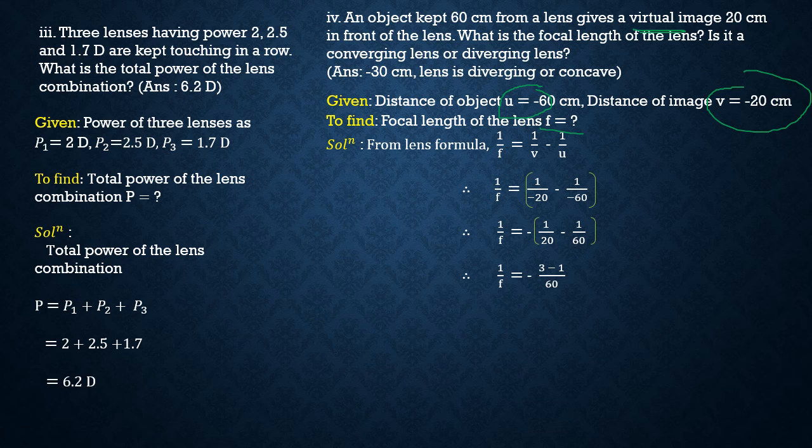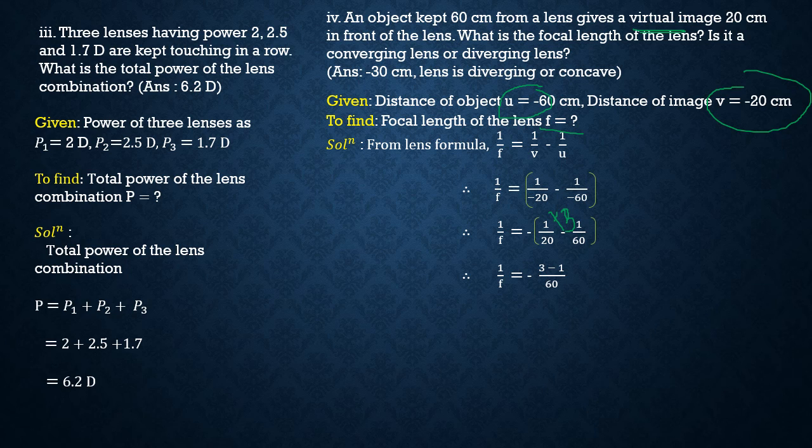So 1 upon f is equal to, again here also take the LCM. See here, 20 and 60. We know that 20 times 3 is 60. Therefore this one is multiplied by 3. For this one there is no need, because it is already 60. So only the first fraction is multiplied by 3.